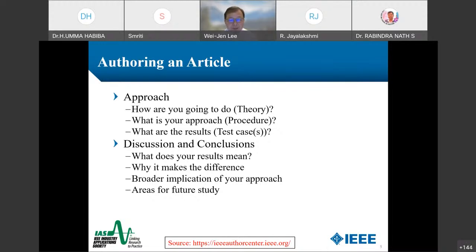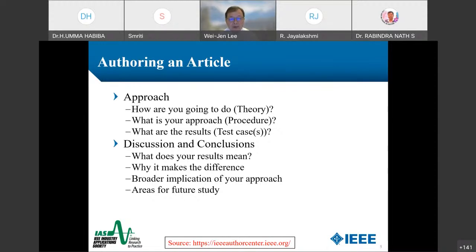Of course, when you write a paper or do some research, you are not going to solve all the problems. So you have to explain what your research and results mean, and why they make a difference. Then, what is the broader implication of your approach, and what is the area for further study? A lot of the time when you write a paper, you don't want to tell people this is perfect and that after you finish this paper, there's nothing left to be done.